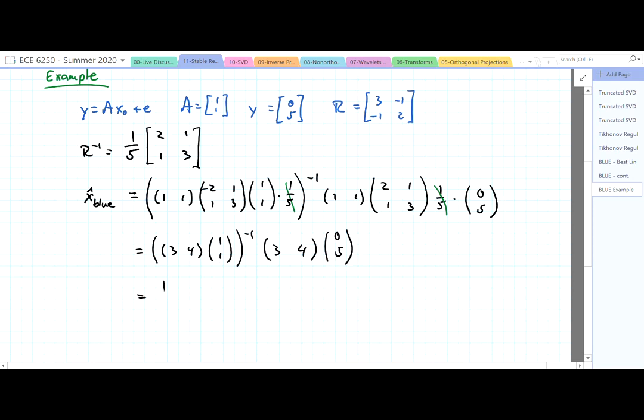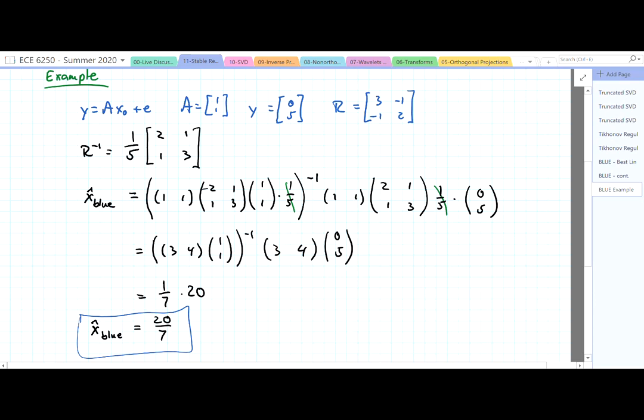So that's 1/7 times 20, and that's it. So x hat BLUE is equal to 20/7. Okay.